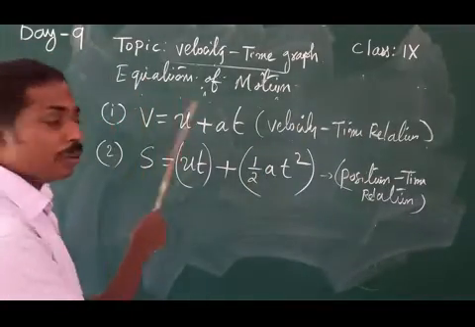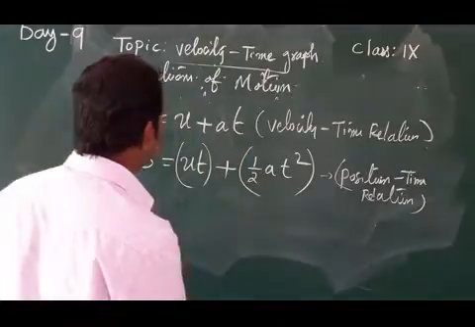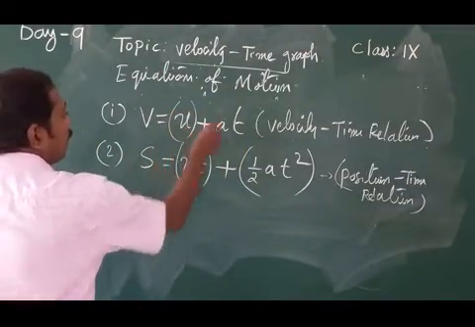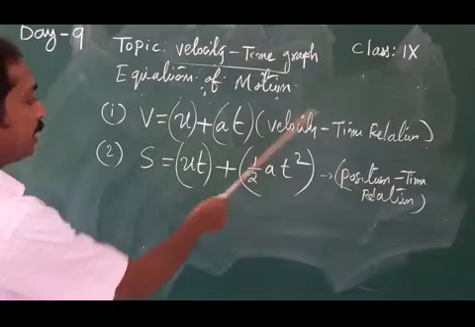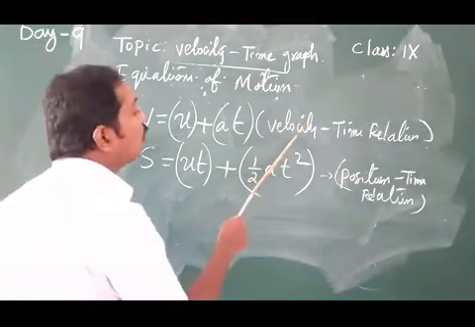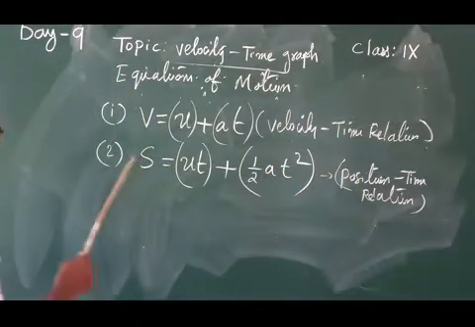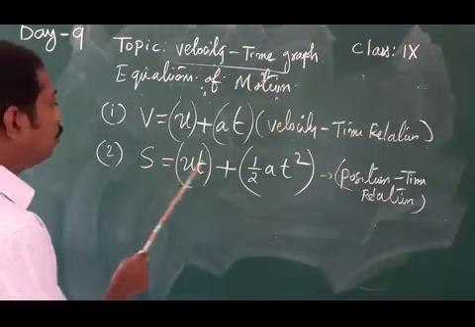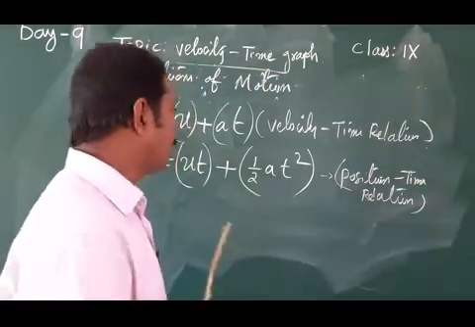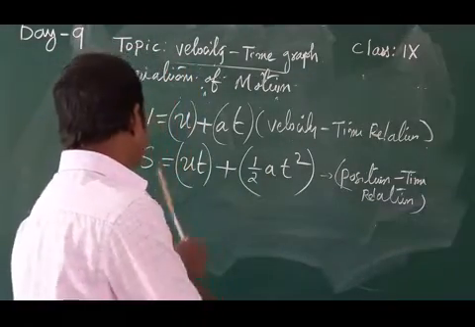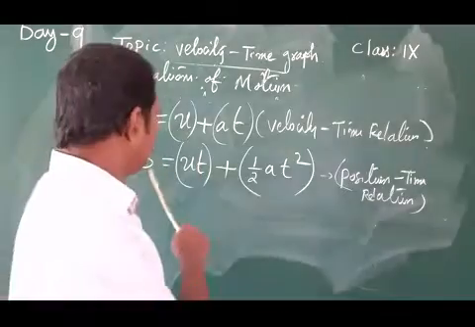First one we called the velocity time relation: v equal to u plus at. U is one term, at is another term. Then s equal to ut plus half a t square. Distance travelled means position.